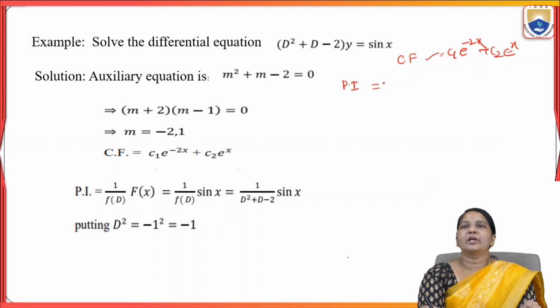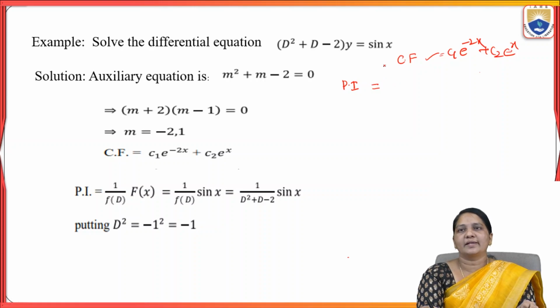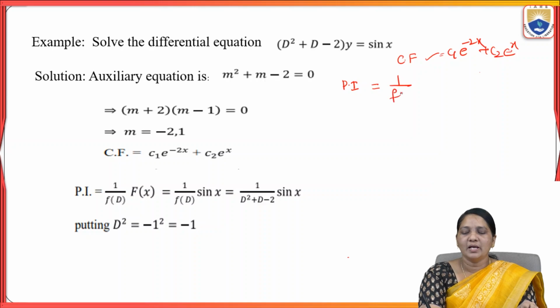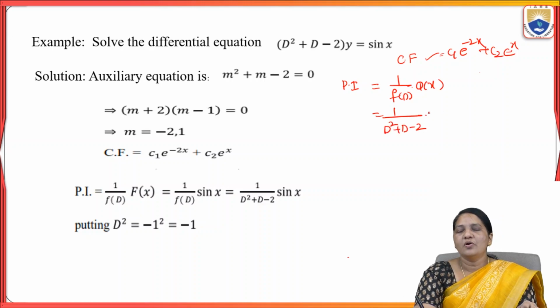For the particular integral, we follow the method based on the q of x value. The q of x value is sin x, which means we have to follow method 2. First of all, what is the formula for the particular integral? PI is 1 by f of d into q of x. What is f of d here? D square plus d minus 2, and the q of x value is sin x.